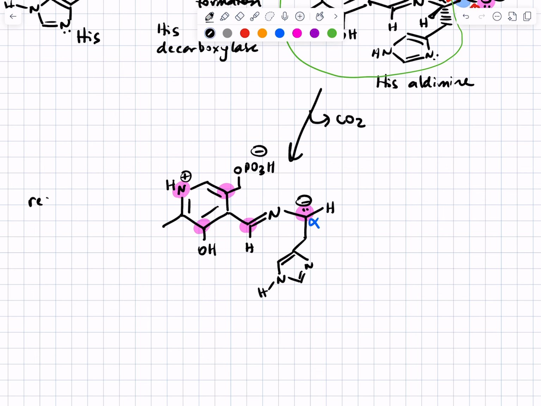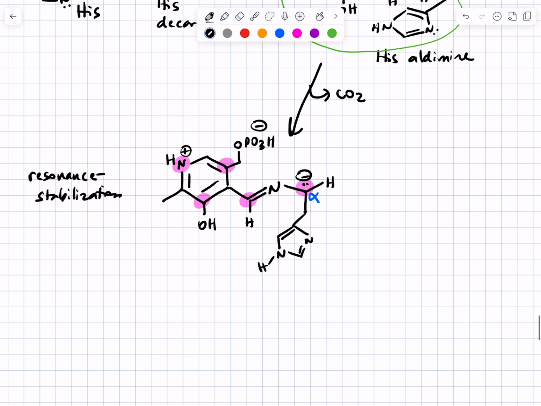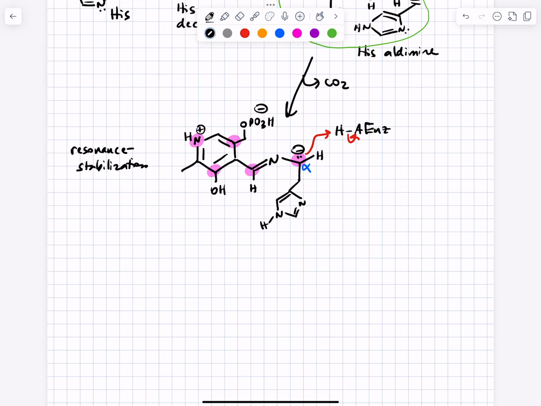There may be a problem on your problem set that asks you to actually think about drawing resonance structures of this intermediate, resonance stabilization. If we protonate on the alpha carbon, that gives us a new aldimine that lacks the carboxylic acid. That should look like this.